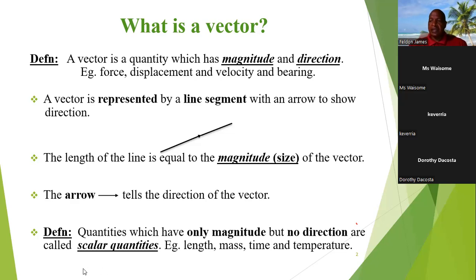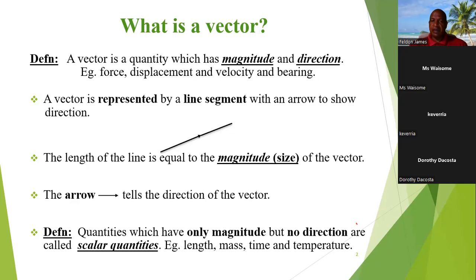Just like when we are doing a graph and we're doing scale, and you say let 1 centimeter equal 1 unit on the x-axis, right? It's the same thing that we're doing in terms of a vector. We're saying, let this length of line be equal to 1 Newton of force.